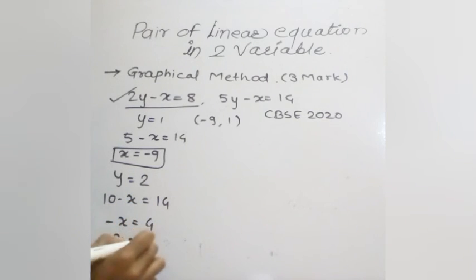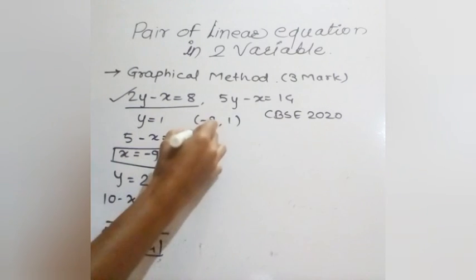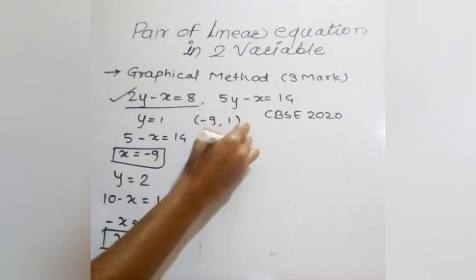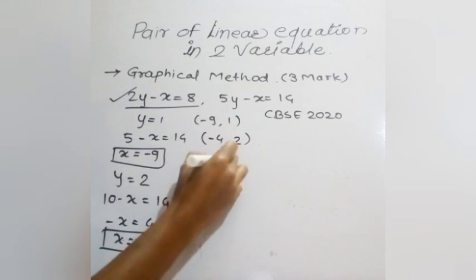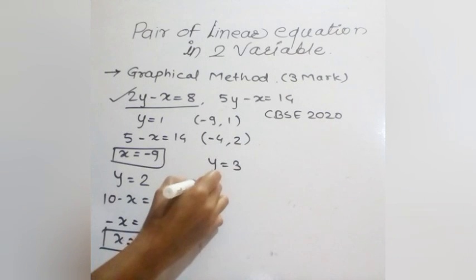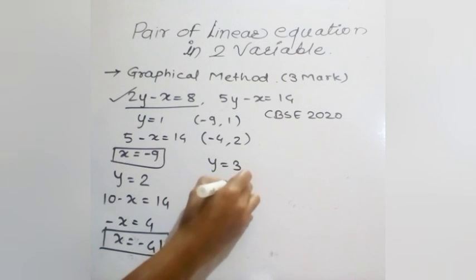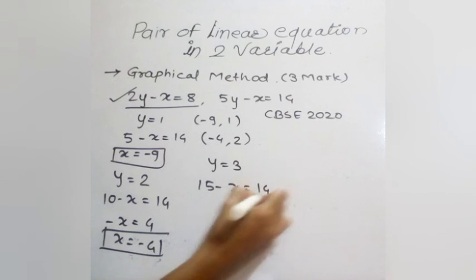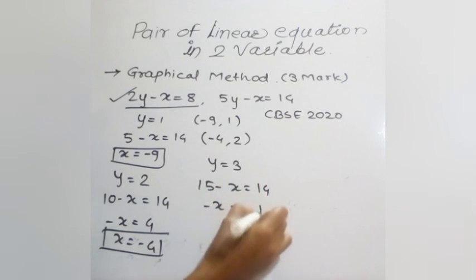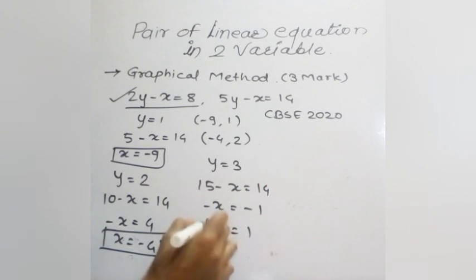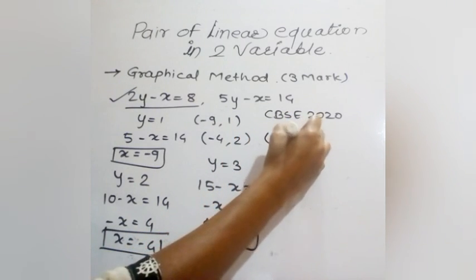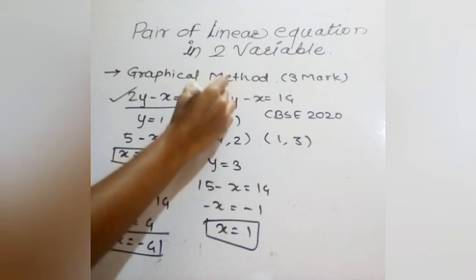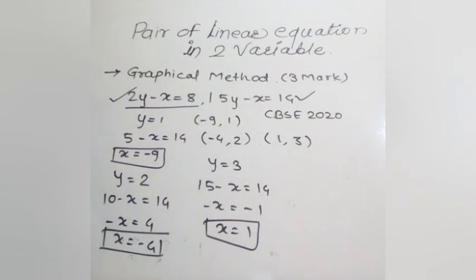Therefore, x is equal to minus 4. So the next point is minus 4 comma 2. Let's put y is equal to 3. If y is equal to 3, then 15 minus x is equal to 14. Minus x is equal to minus 1, therefore x is equal to 1. And the third point is 1 comma 3. These are the points for this linear equation.